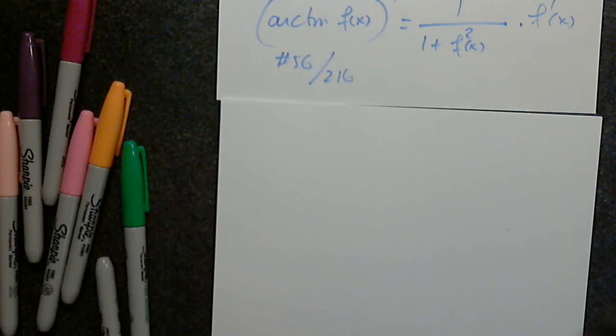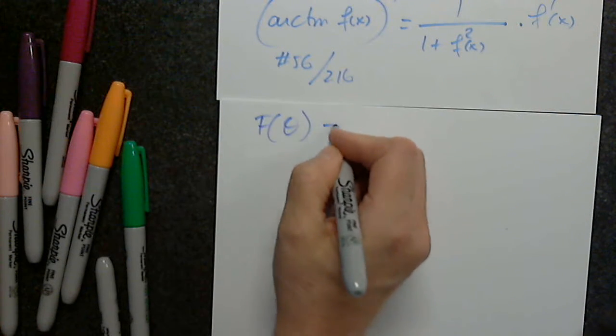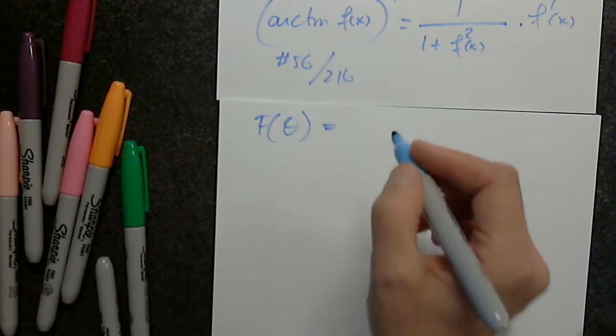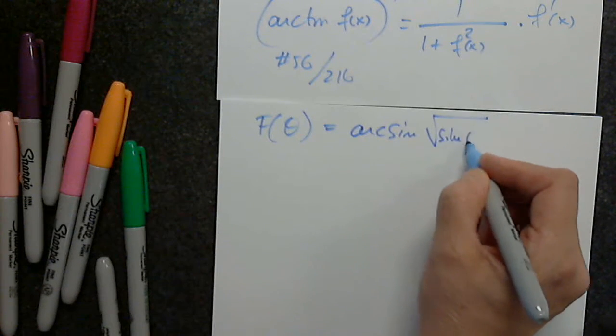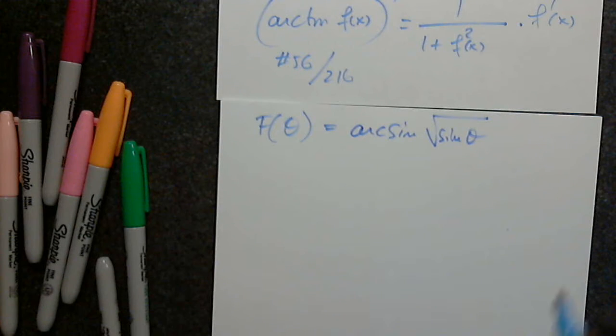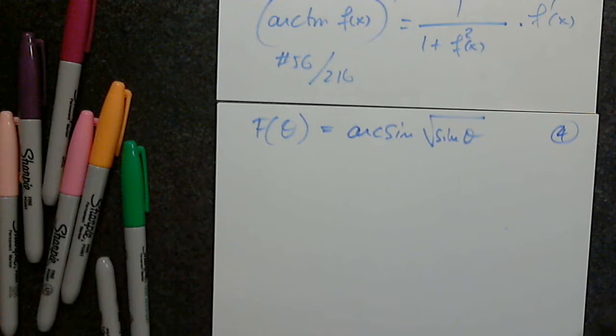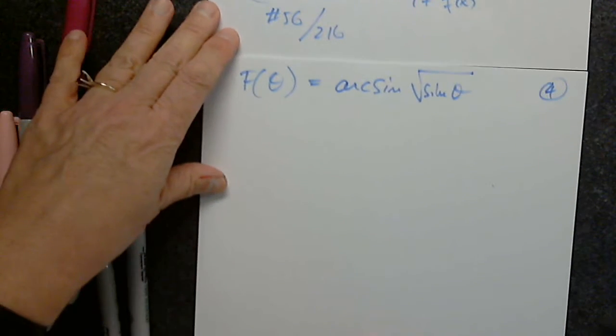So 56 on page 216. That function is f of theta equals arcsine of the square root of sine theta. What if we take 20 seconds and work on this? Let's see what we get.